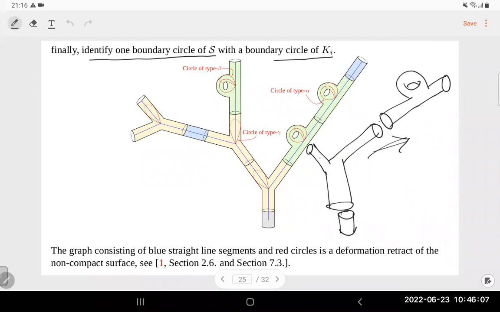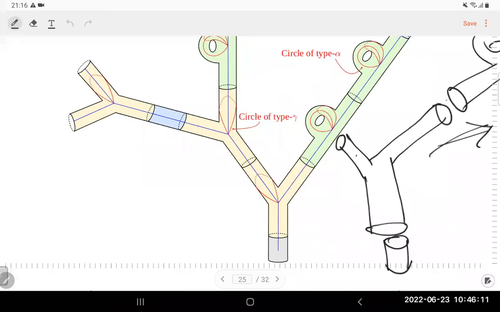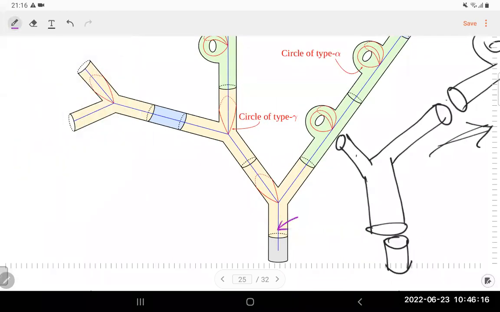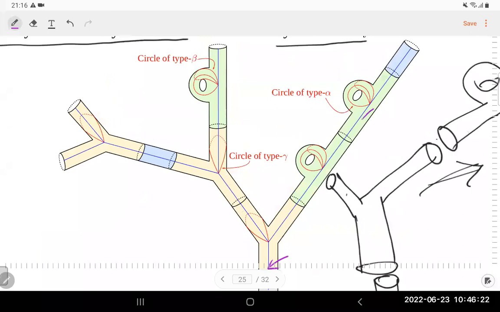The last thing that I want to mention is that you can see there exists a graph. This graph consists of blue straight lines and red circles: alpha type circle, beta type circle, gamma type circle. One can show that there exists a deformation retract onto this graph.